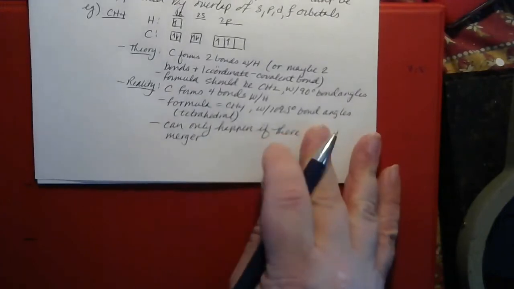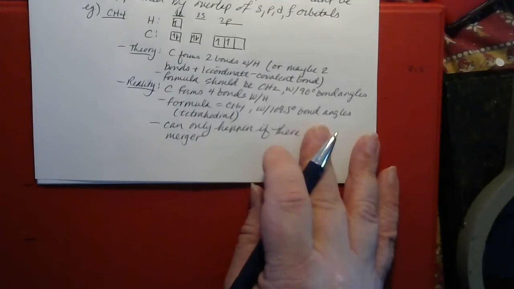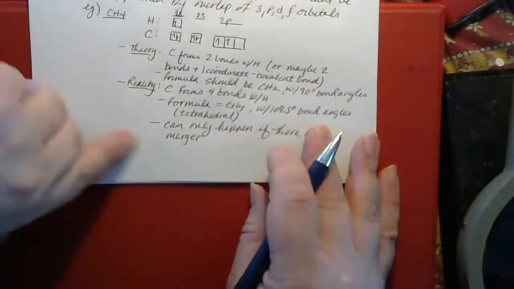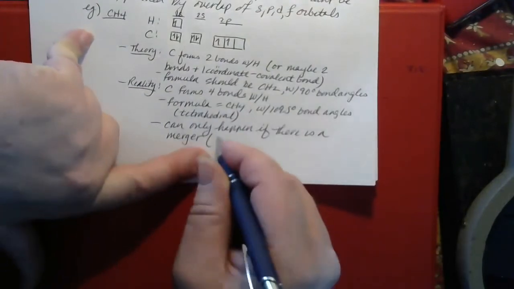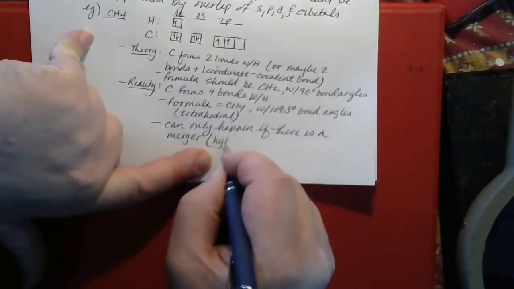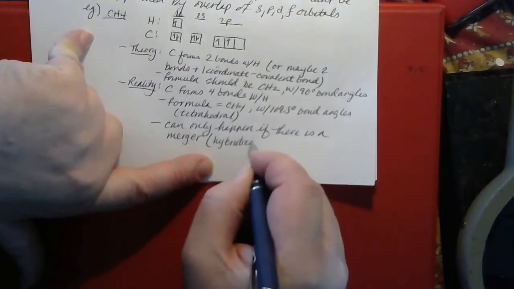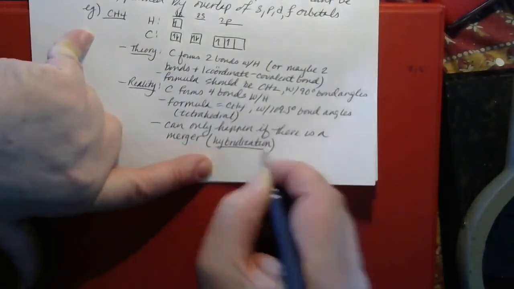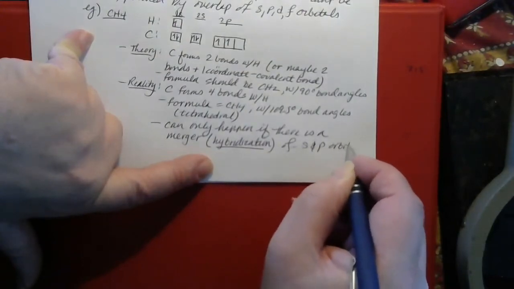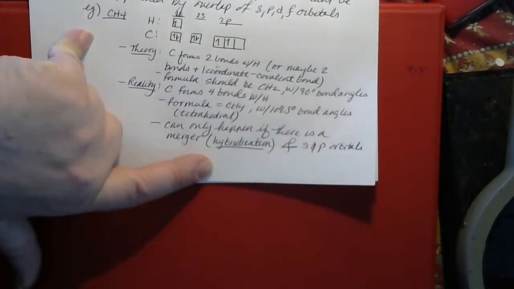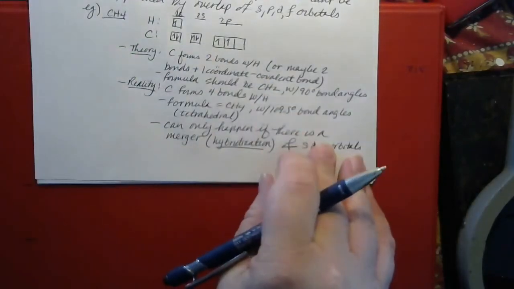Hybridization is kind of like a merger. It's like hybridizing animals or plants, where you end up with some characteristics of both. So this can only happen if there's a merger or a hybridization of s and p orbitals. Okay.